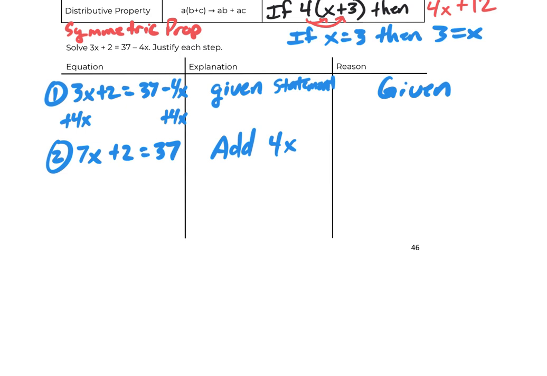Now here, the reasoning is going to be a property, usually. So it's going to typically be one of the properties that we had up above. I know this is not a property, but we had to have a starting point. So if I added 4x to both sides of the equal sign, which property are we using?